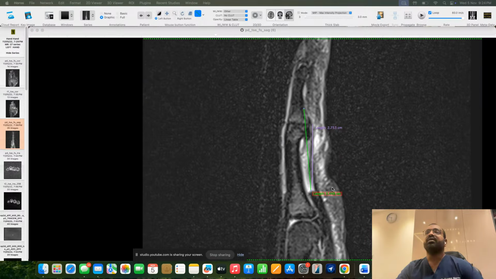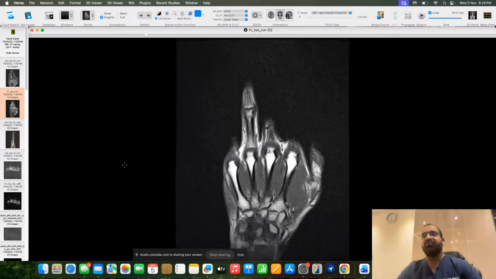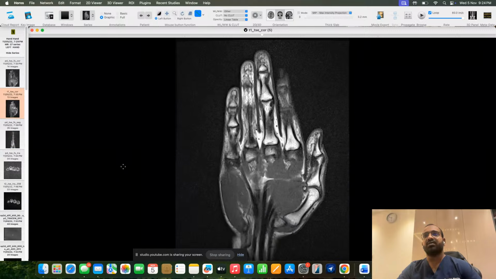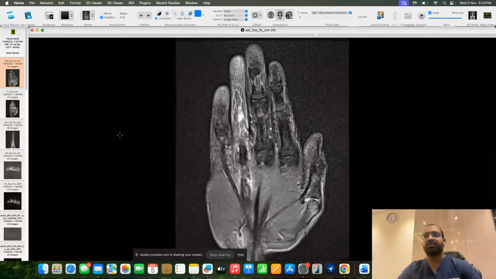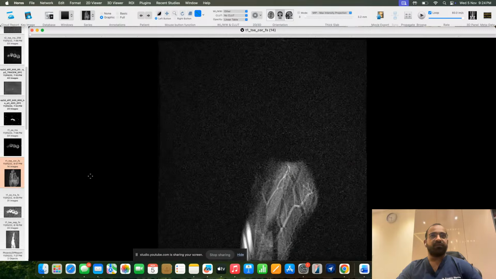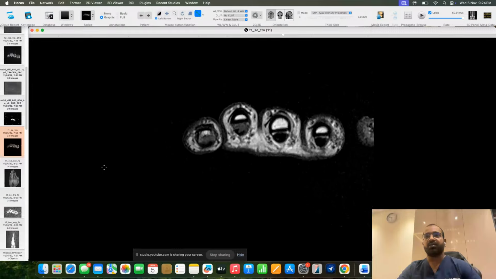Yeah. So this is my another straightforward case. I'm showing all the images. So you can see this is a coronal T1 weighted image, PDFS image. T1 STIR.